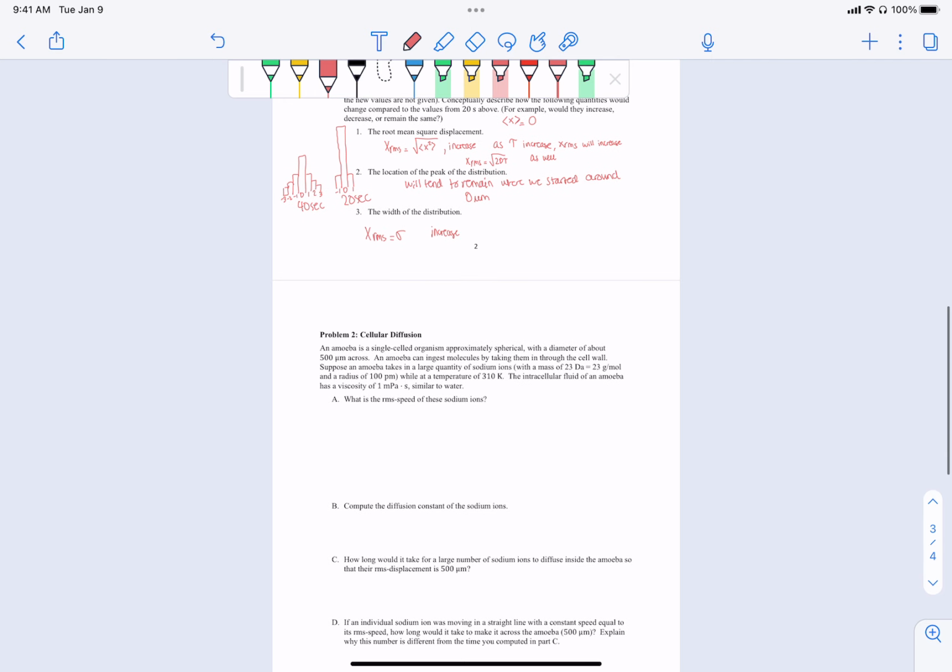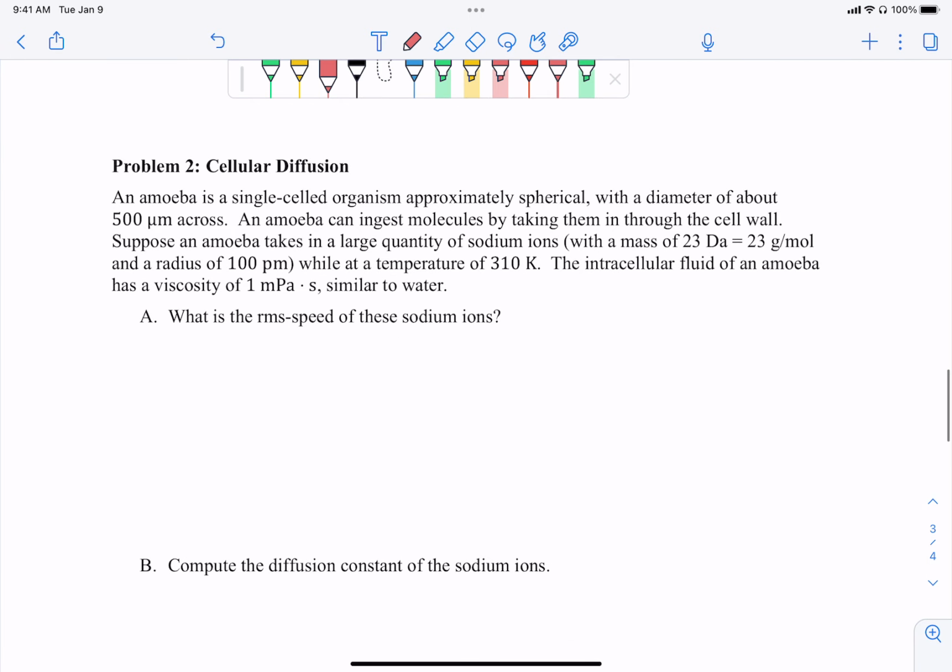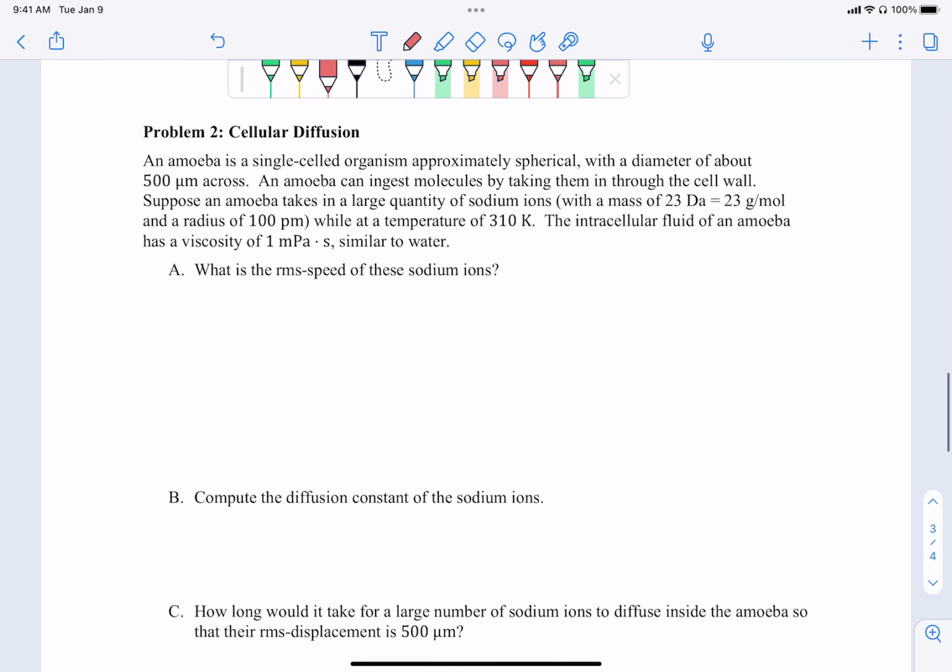Okay, awesome. Problem 2. An amoeba is a single-celled organism, approximately spherical, with a diameter of about 500 micrometers across. An amoeba can ingest molecules by taking them in through the cell wall.